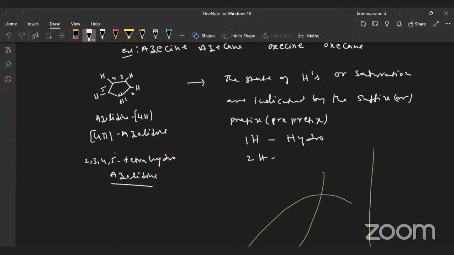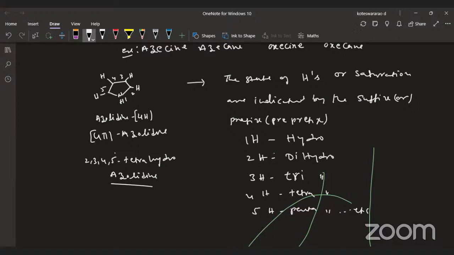If two, dihydro, 3 tri, 4 tetra, penta, like that, using the same terminals. These are compulsory, especially when it is not fully saturated. In the fully saturated case, there is no need to indicate a prefix like tetrahydro azoline because it is completely saturated.